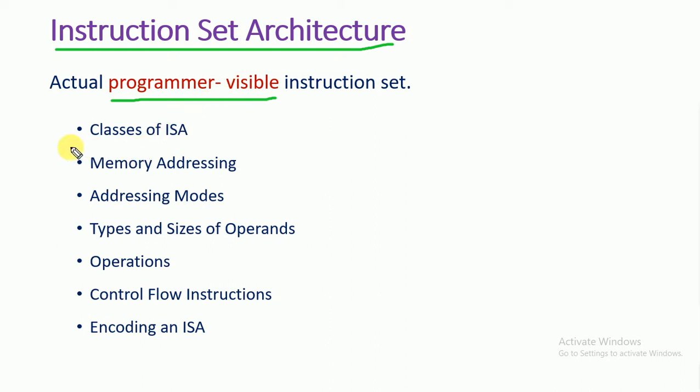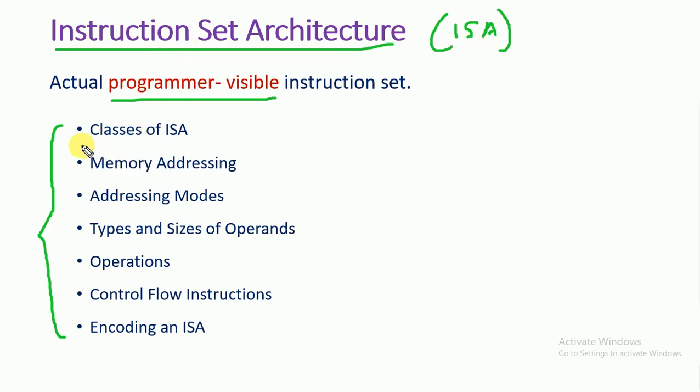Under this instruction set architecture, we need to consider various elements related to it, which is generally shortly called ISA. Most of the time it will be used like ISA, instruction set architecture.